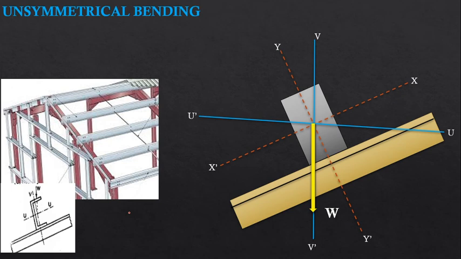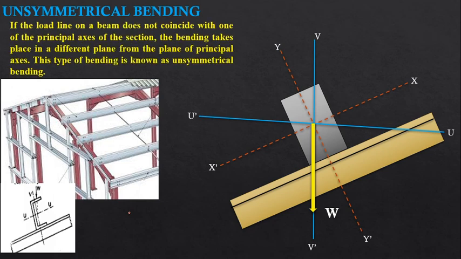If the plane of bending does not lie in a plane that contains the principal centroidal axis of the cross section, the bending is called unsymmetrical. In unsymmetrical bending, the direction of the neutral axis will not be perpendicular to the plane of bending. Understand? The direction of the neutral axis will not be perpendicular to the plane of bending.